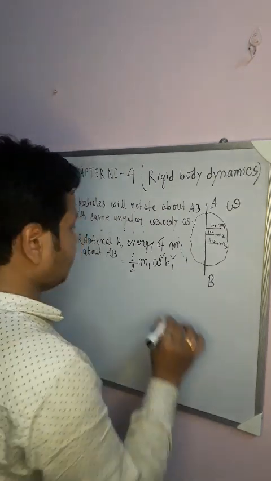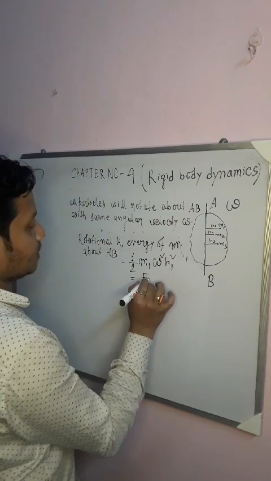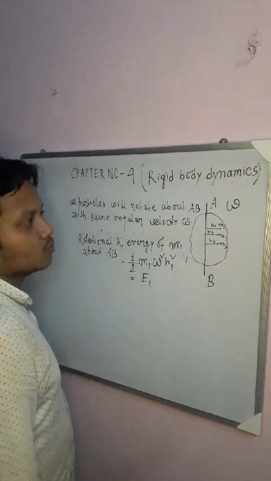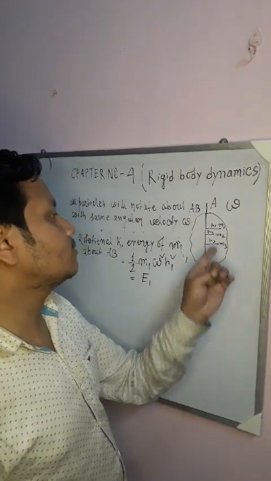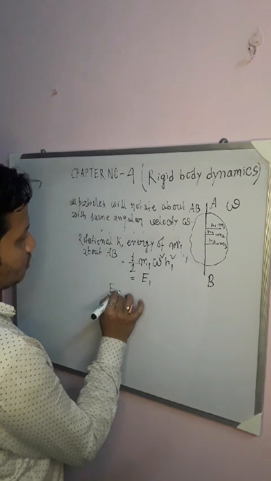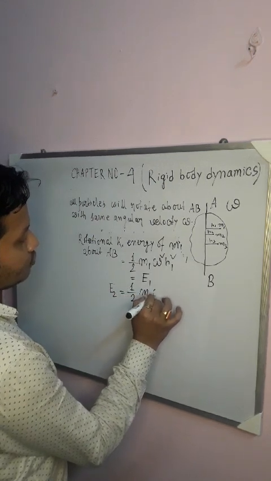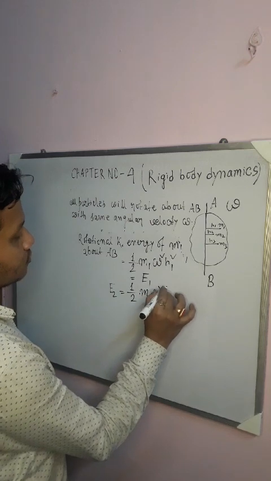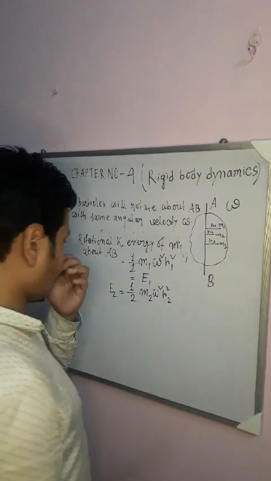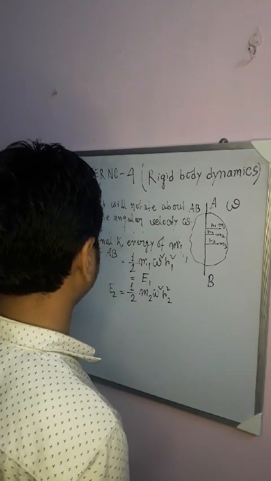Now if you call it E1, what will be the rotational kinetic energy of the particle of mass m2? If you call it E2, it will be half m2 omega squared r2 squared.